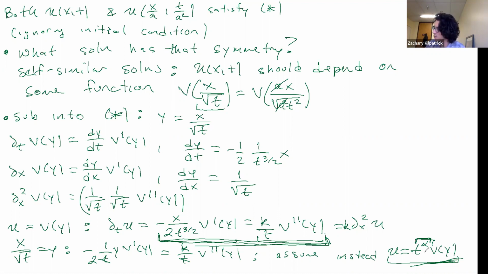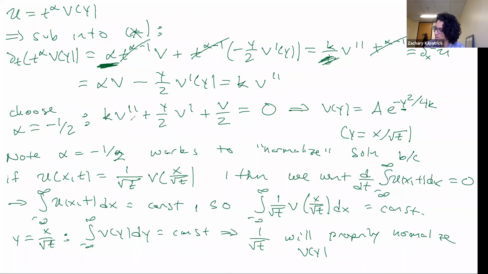And in particular, when we introduced this scaling, we got an ODE that was the same as the one we introduced at the beginning of class, that we worked through the method of how to solve it. We found that we got this Gaussian function. In addition, we noted that the proper scaling to take for the t power function was such that we had t to the minus 1/2.